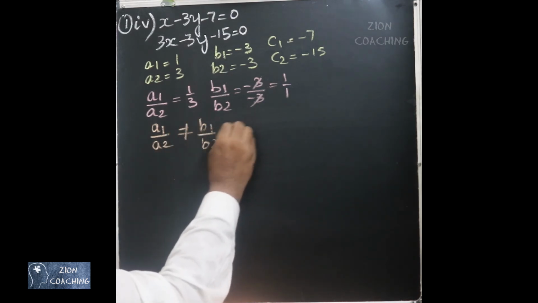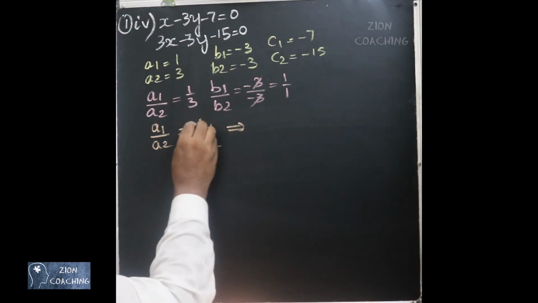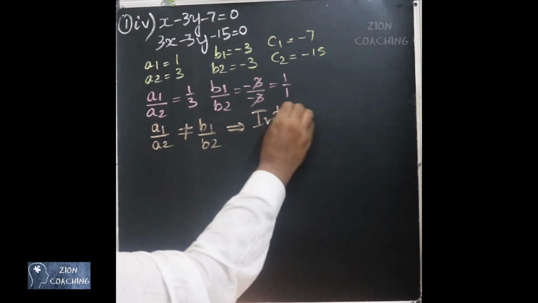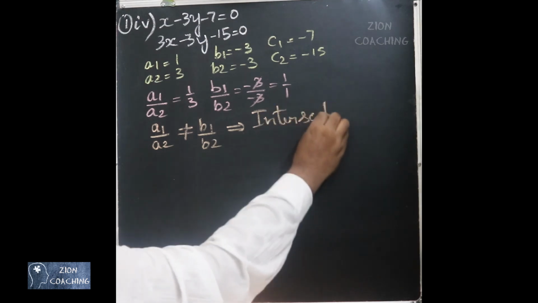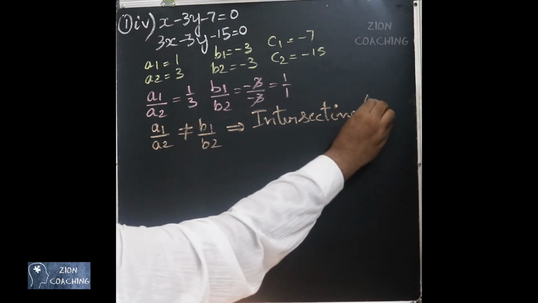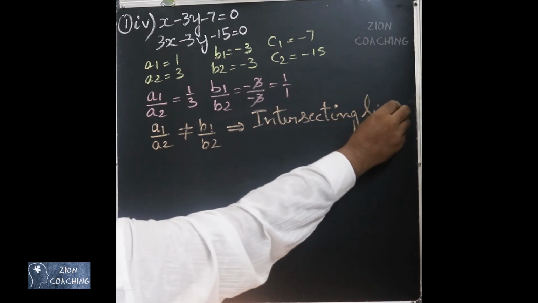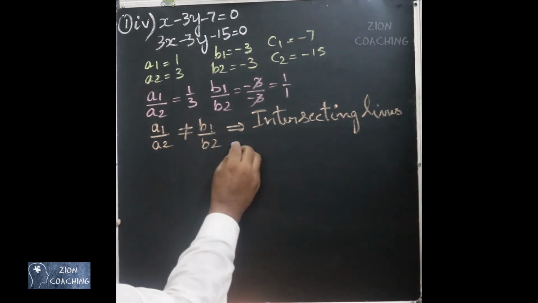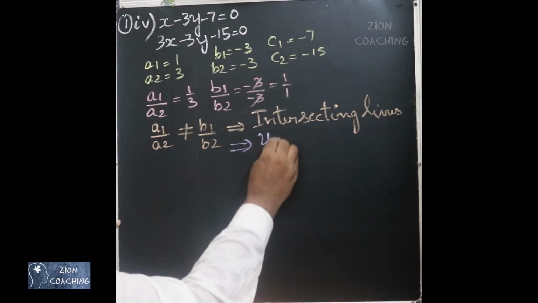So that shows that this condition represents a pair of intersecting lines. Since they are intersecting lines, they are going to have unique solution.